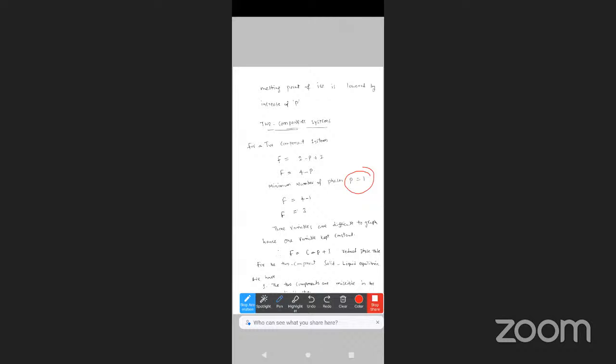So for one phase, F equal to 3. That means if you substitute P equal to 1, you will get F equal to 3. So three variables make it very difficult to draw the graph. Hence, one variable is kept constant.